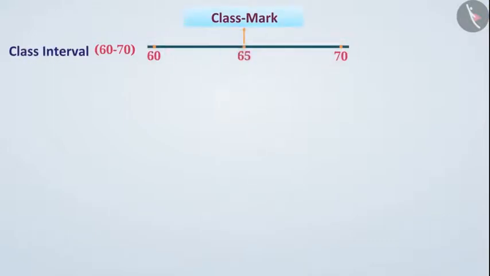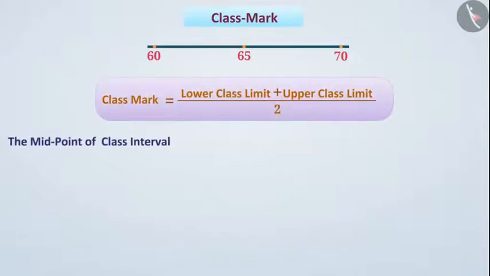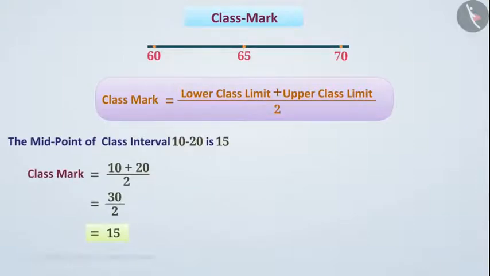The class mark is obtained by dividing the sum of the lower class limit and the upper class limit by 2. For example, the midpoint of a class interval 10 to 20 is 15. That means the class mark of a class interval 10 to 20 is 15.